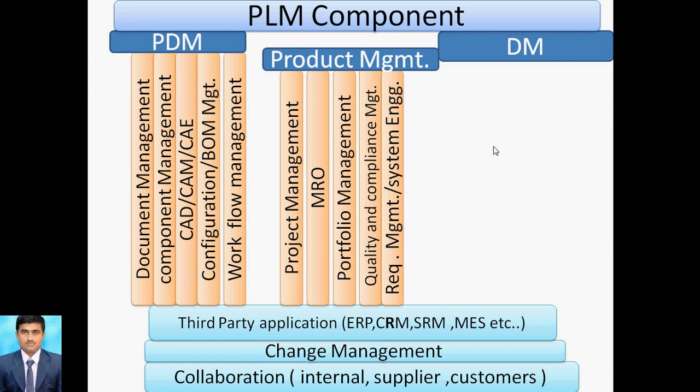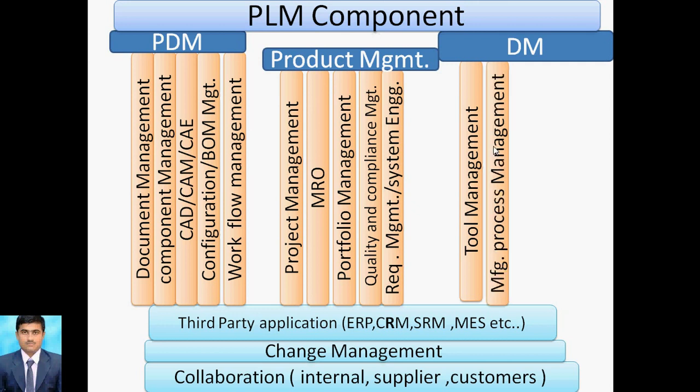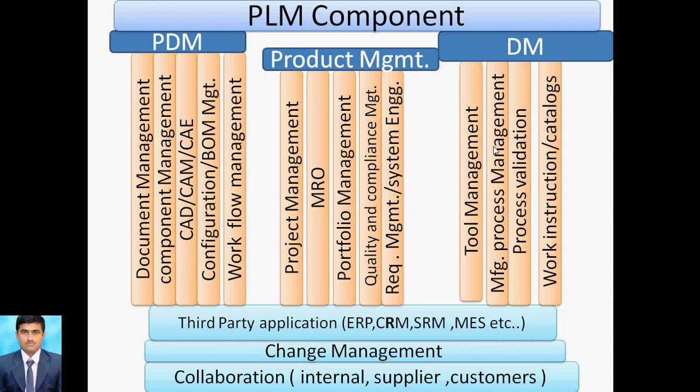And the next point is DM, that is digital manufacturing. Here tool management is required because we have to go for digital manufacturing. Then we can decide the manufacturing processes, then process validation, and lastly, according to the validation of that process, we can take the decision, and then work instruction follows to the shop floor.